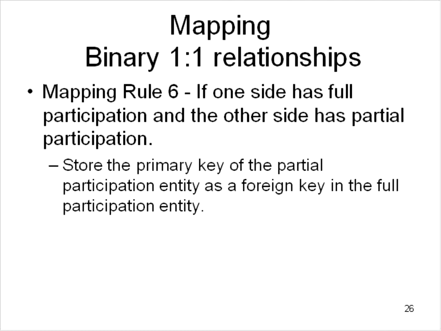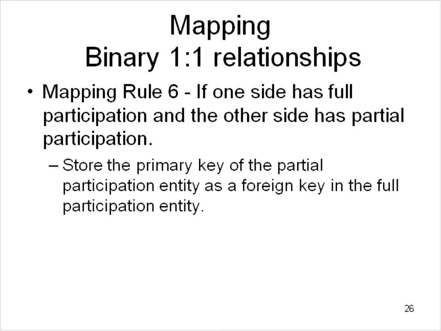So if you take the key from the partial side to the full side, the partial side, as we talked about just a few moments ago, means an employee may or may not participate in the relationship. So a partial relationship means the entity may or may not participate. So, for example, an employee may or may not have a dependent.